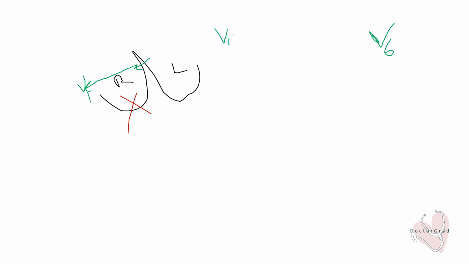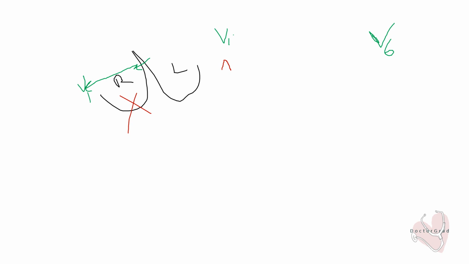So there is a positive deflection, and remember that is the septum, so the amplitude will be very low because we have only a little bit of mass in the septum. So in terms of V1, the septal depolarization seems like a small positive deflection.